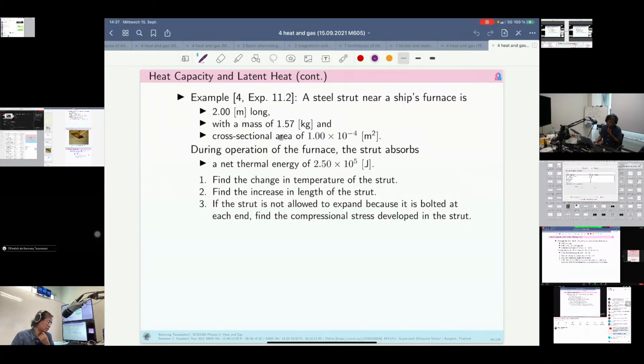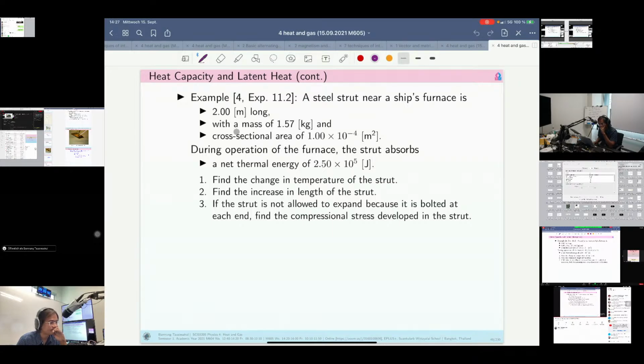We don't use cross-sectional area. Cross-sectional area will be something about elasticity or elastic property, which will be said in the next semester, right? So we don't have enough knowledge to calculate the second and the third problem, the increase in length and compressional stress. This is what we didn't learn yet.